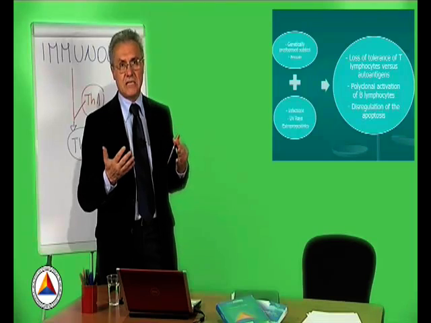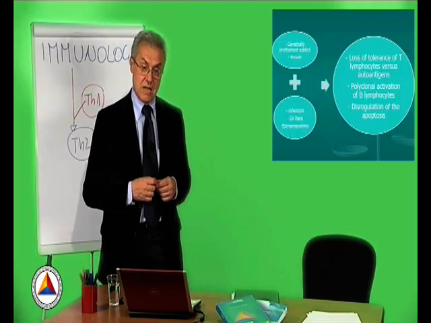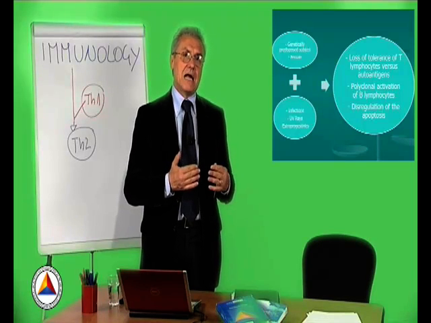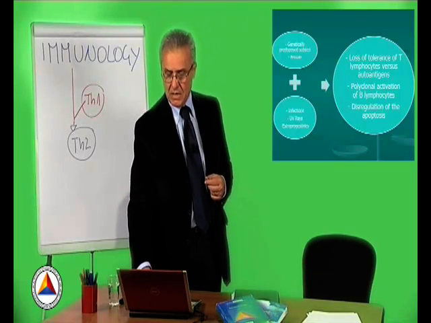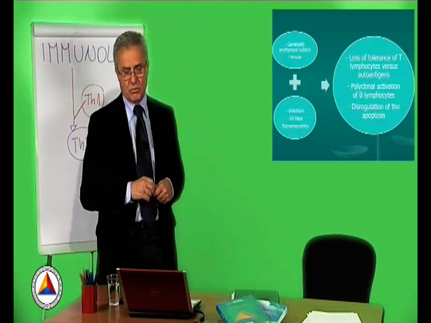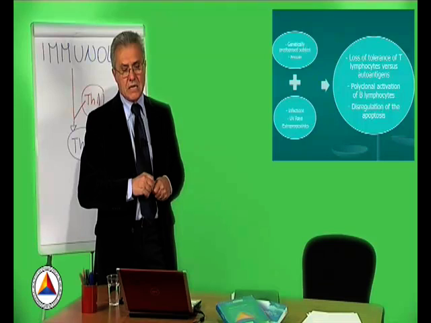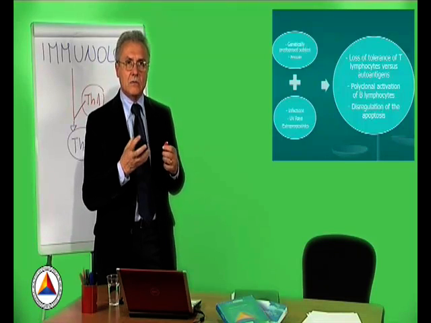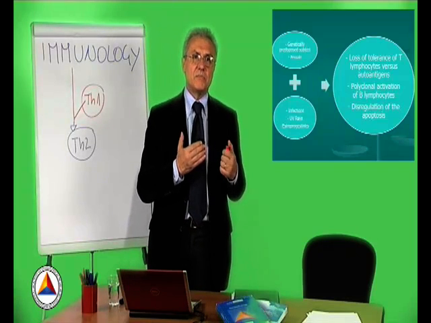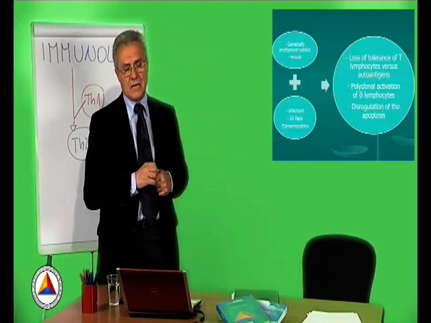Another very important issue that we need to know is that there is a cytokine in this disease, a Th2 cytokine, that is typically overexpressed in lupus, and this is interleukin-10. In theory, we could experimentally induce a situation similar to a case of systemic lupus erythematosus by administering interleukin-10.